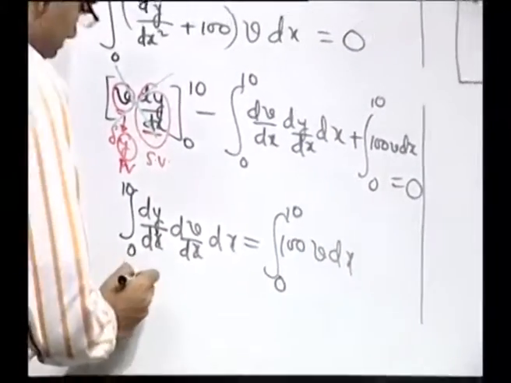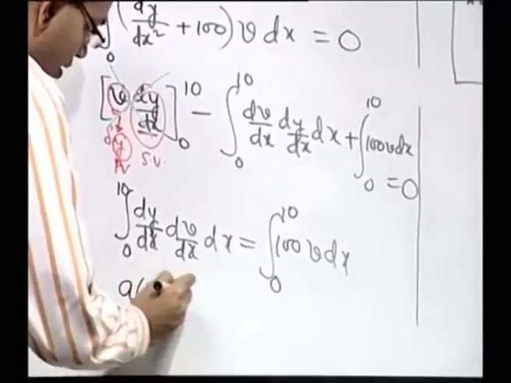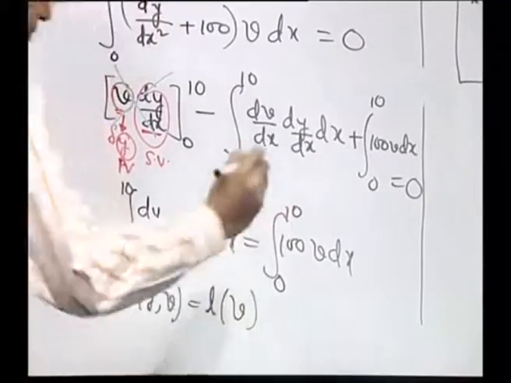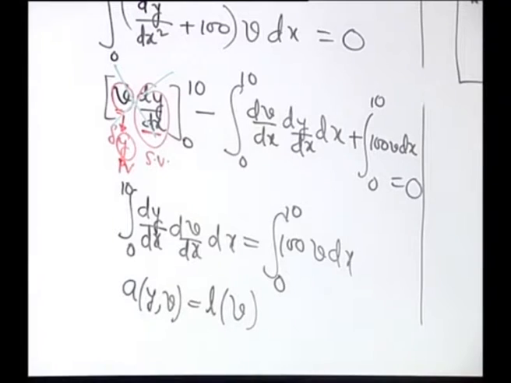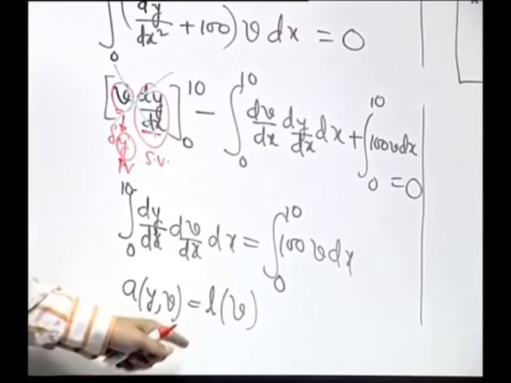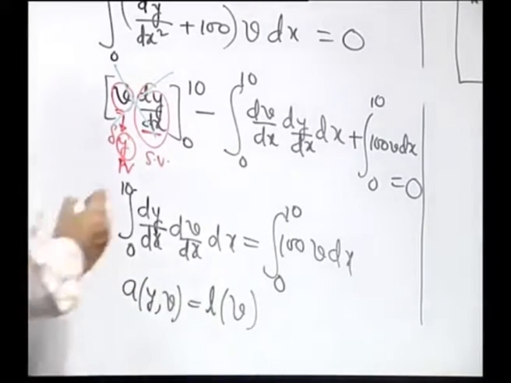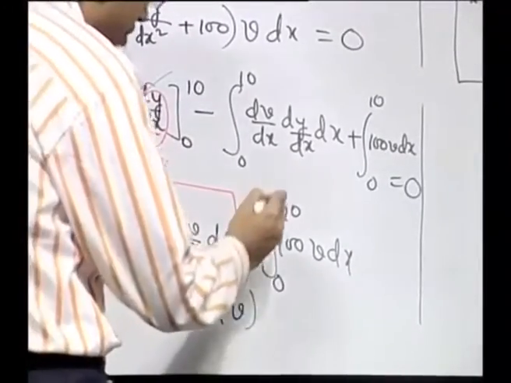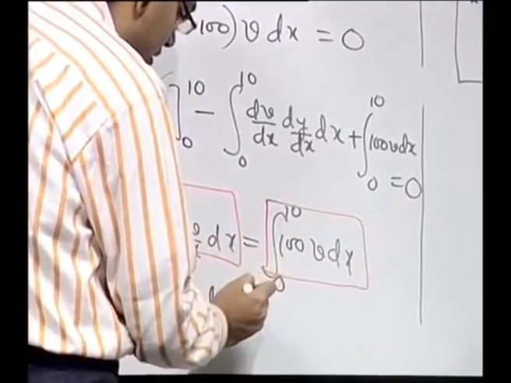This is of the form a(y, v) is equal to L(v), where A is a bilinear operator and L is a linear operator. So, this is A and this is L.